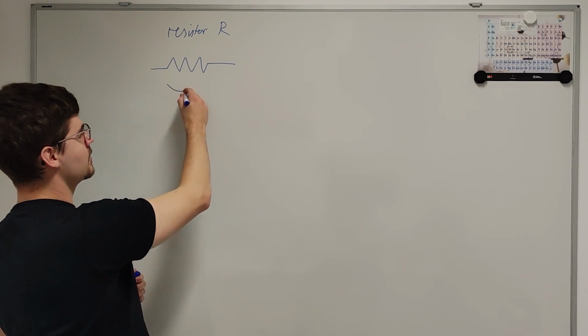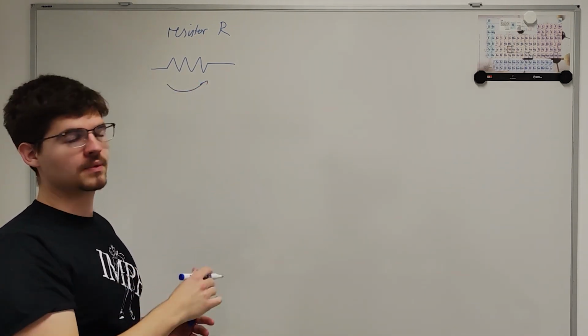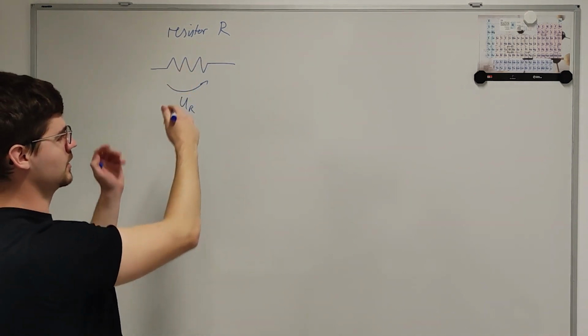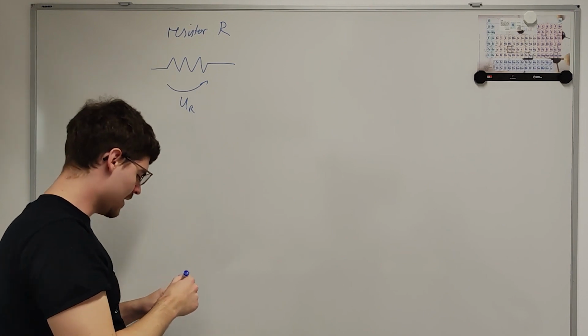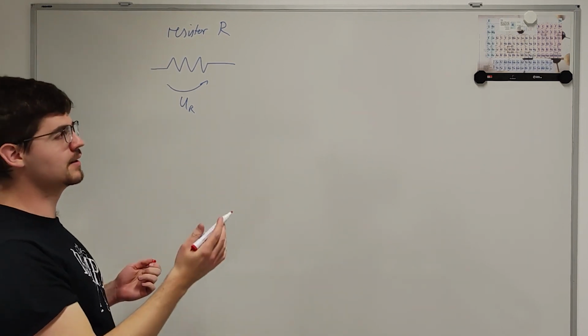And we apply a voltage, commonly referred to with the capital letter U, and the index R in my case, so we can know that it belongs to the resistor. And through the resistor flows a current, which I will call here I_R.